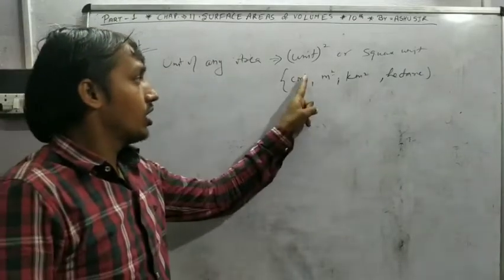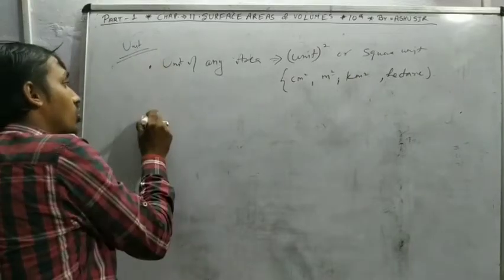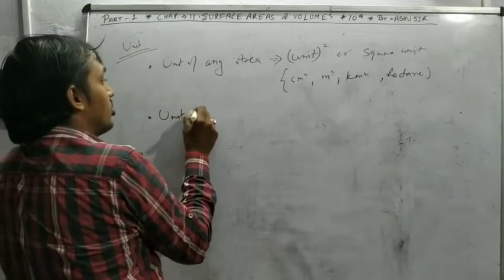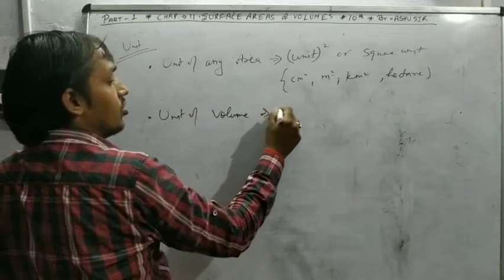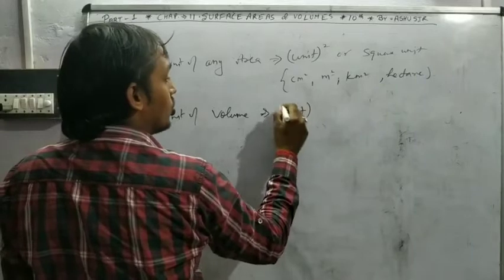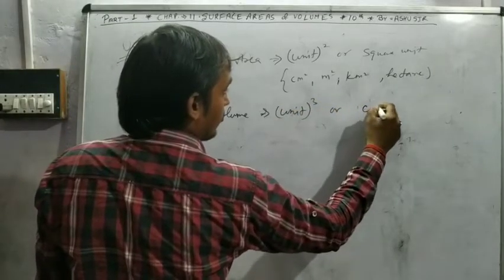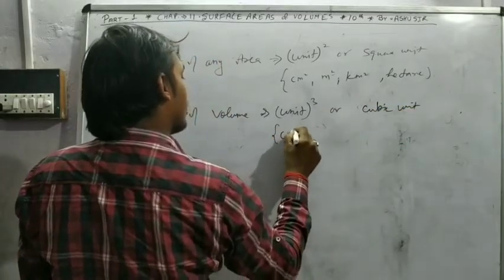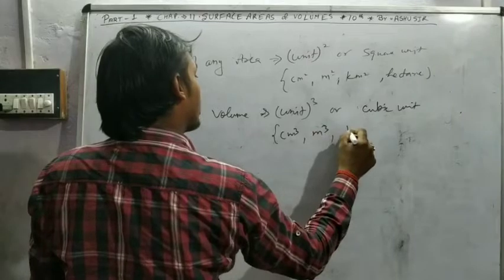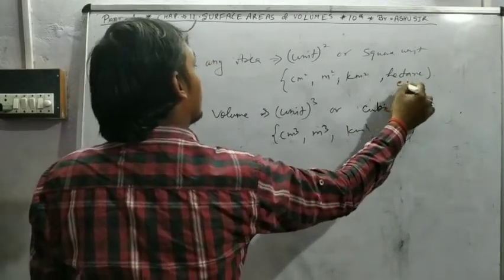Millimeter square. If the word square is used, that means it is a unit of area. If we talk about the unit of volume, it is unit cube, cubic unit: centimeter cube, meter cube, kilometer cube, etc.